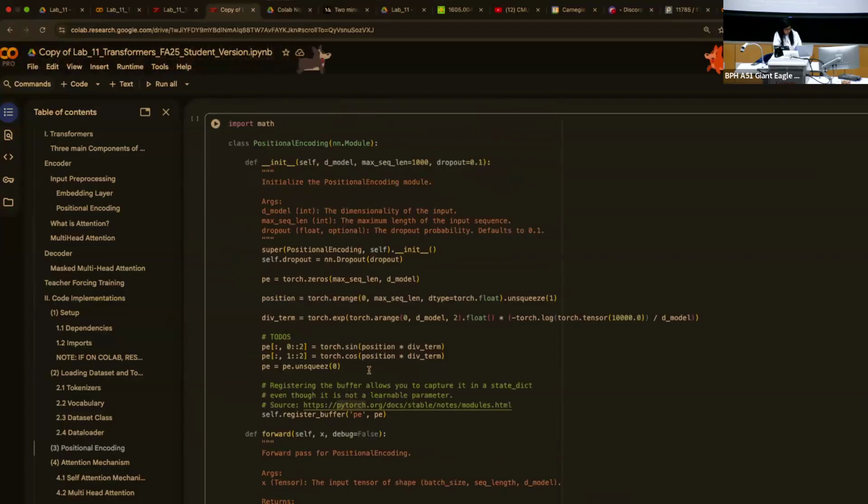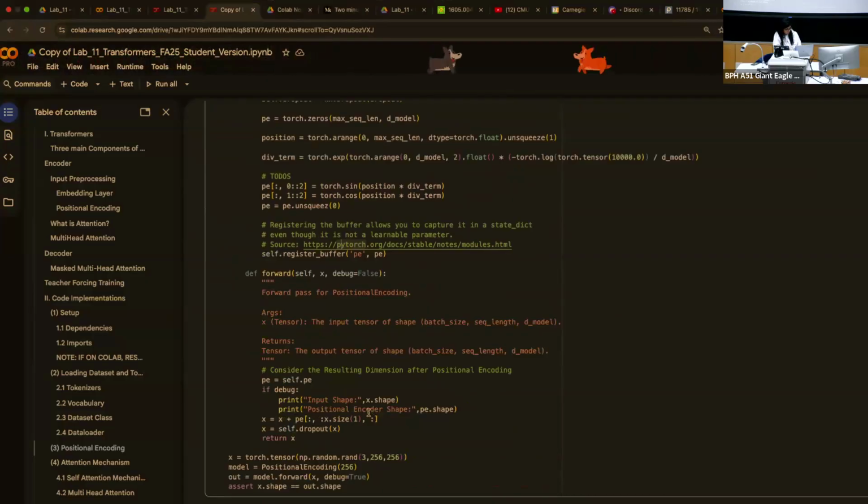Okay, so that was simple basic absolute positional encoding.